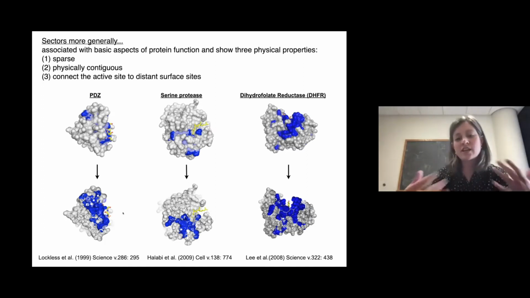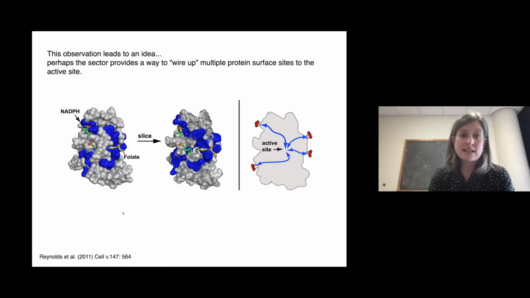Okay, so looking at this architecture across protein families generated an idea, which is maybe what the sector is doing is a way to, quote, wire up multiple protein surface sites to the active site. So here again, I'm showing the distribution of these sector positions in the interior of the enzyme dihydrofolate reductase. And you can see that it's connecting these distal surfaces to the active site.